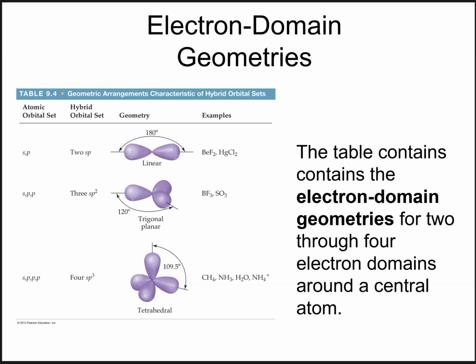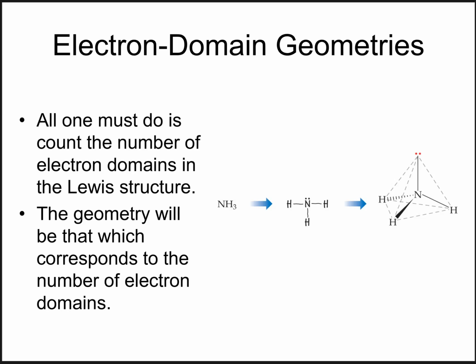And those are linear, trigonal planar, and tetrahedral. To figure out which electron domain geometry you have, you simply count the number of domains around a central atom. So NH3 has 4 electron domains, which puts it under the tetrahedral electron domain geometry.